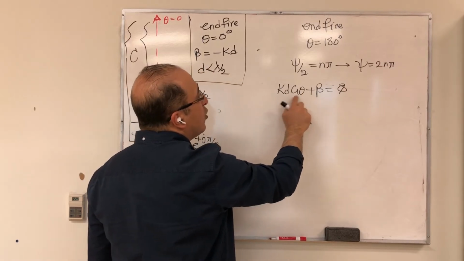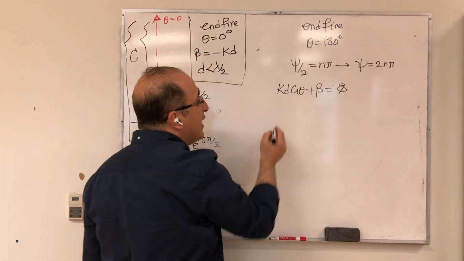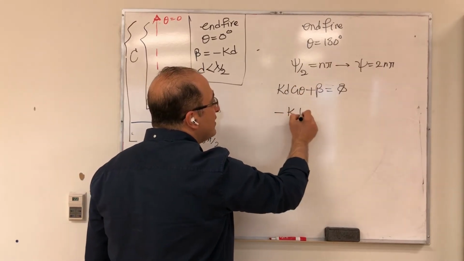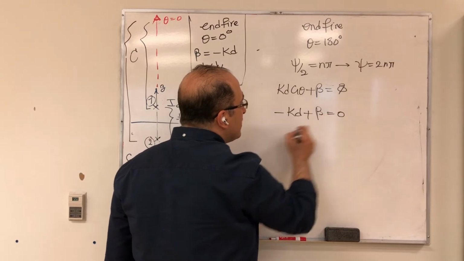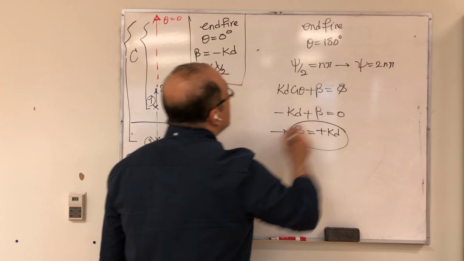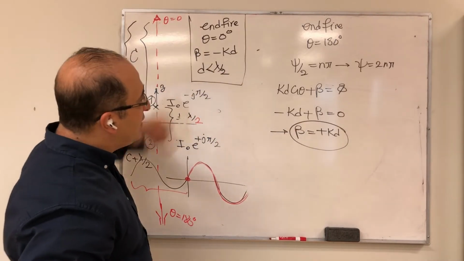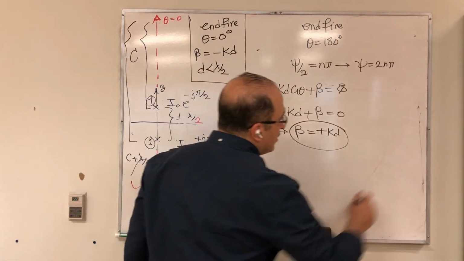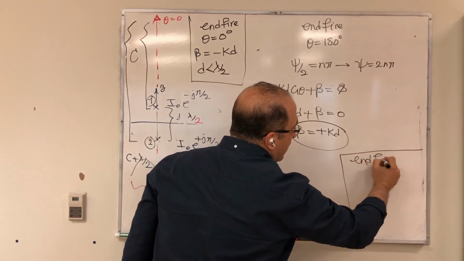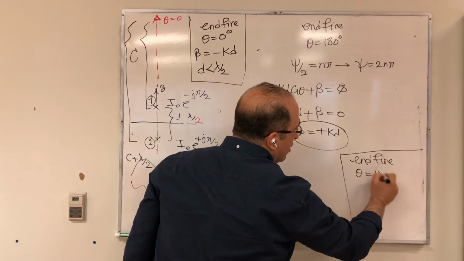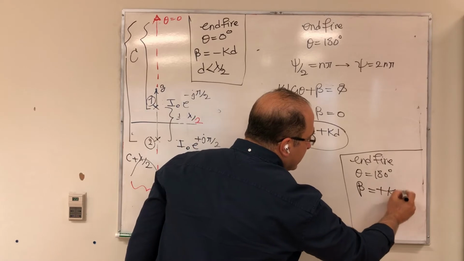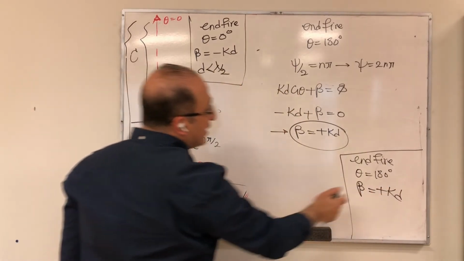You know that cos theta in this case should be cos 180. Cos of 180 is minus 1, so this becomes minus kd plus beta equals 0. Therefore, beta is plus kd. End fire at theta equals 0 was beta equals minus kd. Now, end fire at theta equal 180 should be beta equals plus kd. So this is minus kd and plus kd.